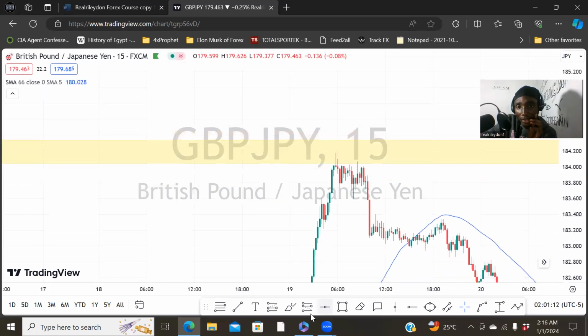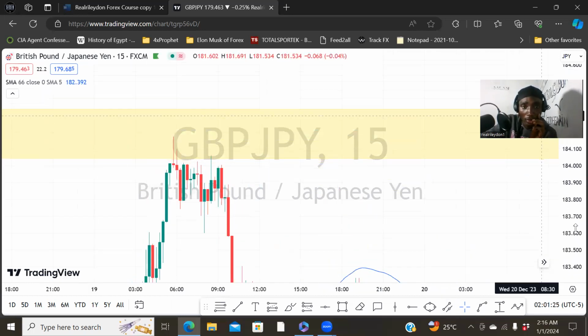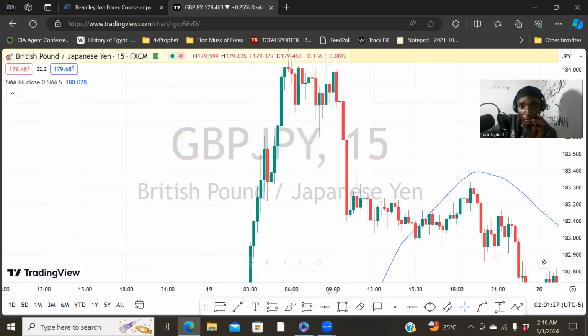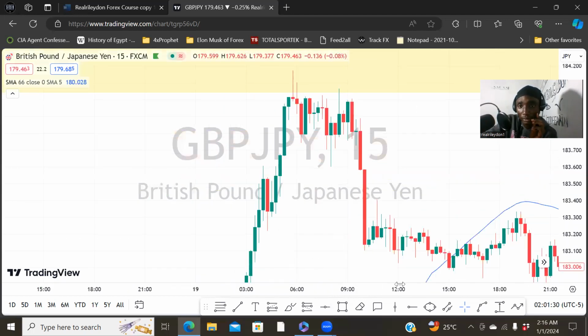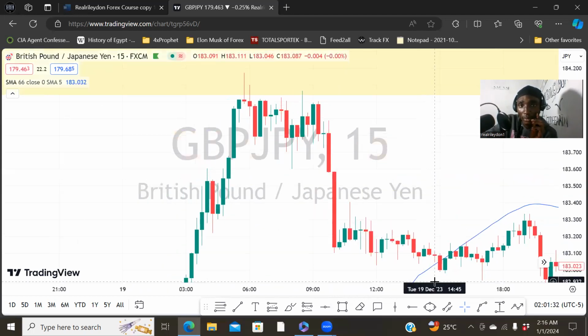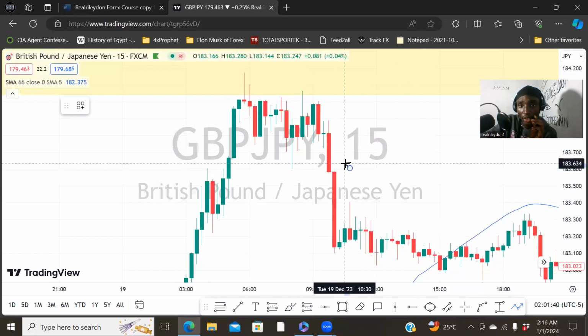Okay, so this candlestick right here would be a great one to use to enter a trade right here. So this candlestick right here, I'm gonna go in further. So this candlestick right here is what we're gonna use for our sell entry.